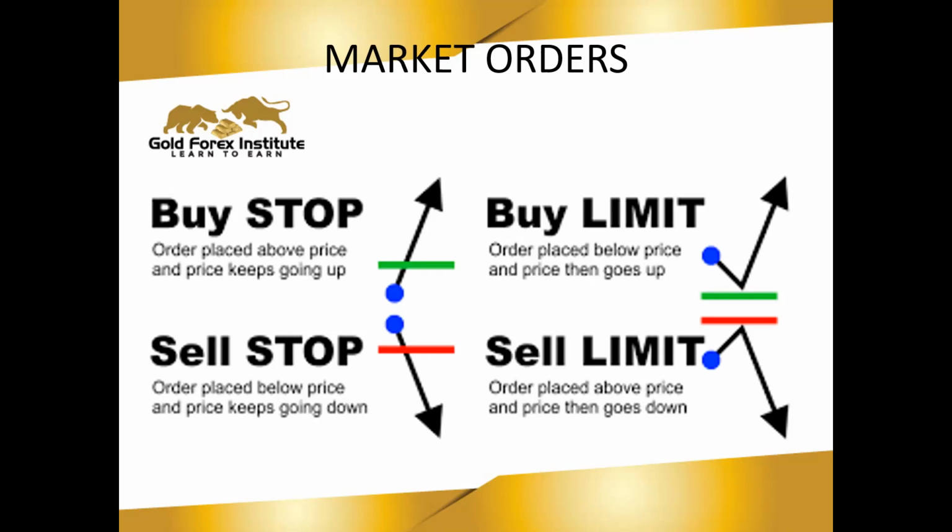You are telling the system that while the price is moving up, it will get to this high level. But that time, if I'm not around, the broker will buy it automatically for you. So that is how it happens.